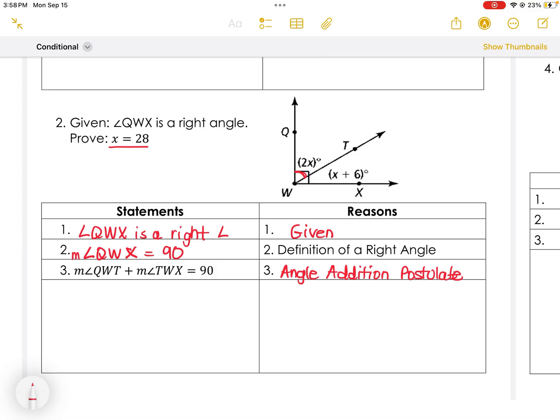This angle QWT, the one on top, and then TWX, the one on the bottom, add up to 90. That would be the angle addition postulate to replace the QWX.